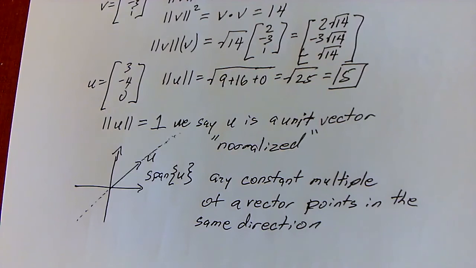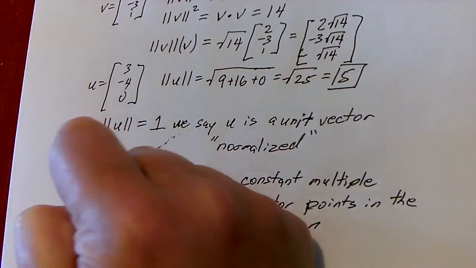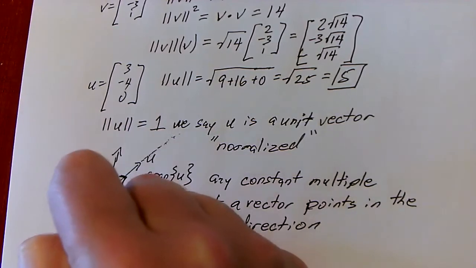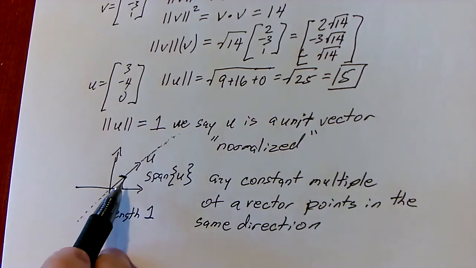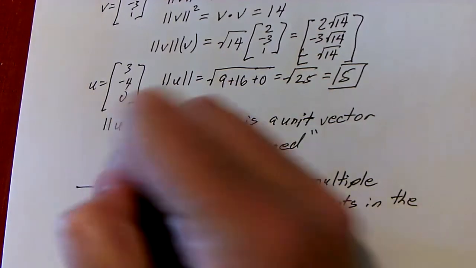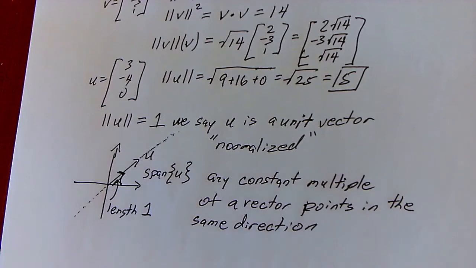So what we're interested in is, can I find a vector here that has length 1? Can I find a normal vector, a unit vector, a normalized vector? All those mean the same thing. Can I find one of those vectors that points the same way as u?